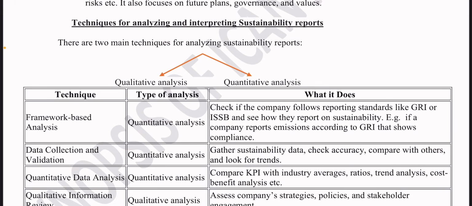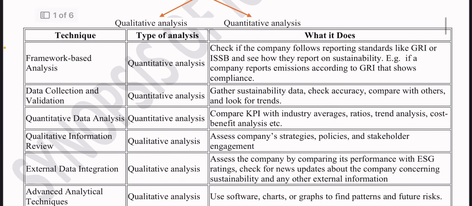Now let's look at the techniques that we're given in the ICAN new study pack. The first one they mentioned is framework-based analysis. From the first video, I explained the triple bottom line, sustainability reporting and all of that, and I also talked about standards. In sustainability reports as well, we also have standards, just like you have your IAS and your IFRS.